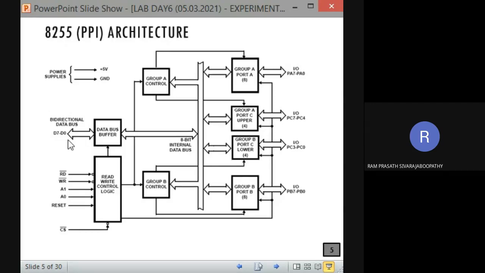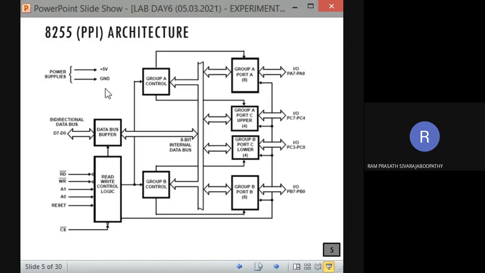So adula endha doubtum namakku kedayadhu. Then for providing power supply we are having 2 pins: plus 5 volt and ground. Fine. So total ethanai pin mudinjadhu namakku? 24 plus 8, 32, correct? 24 plus 8 is 32, and 2 more pins for power supply, 34 pins mudinjadhu, correct?